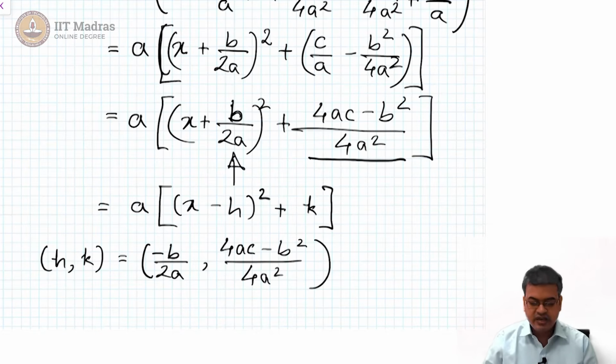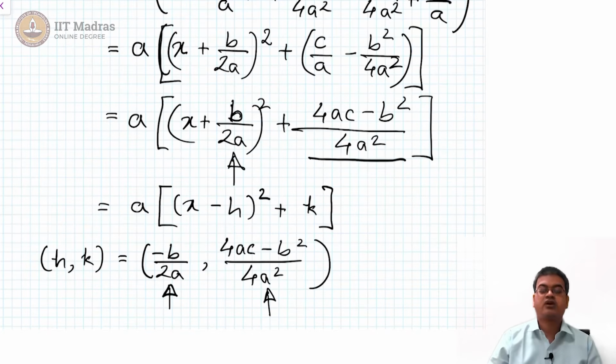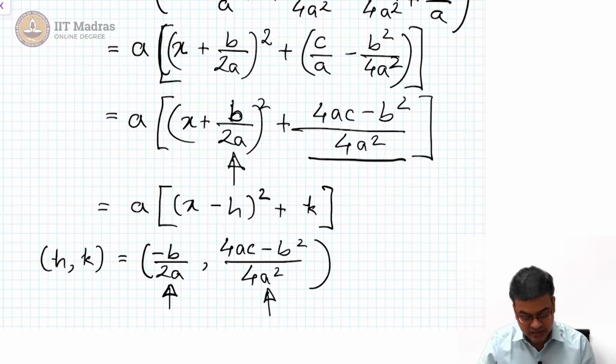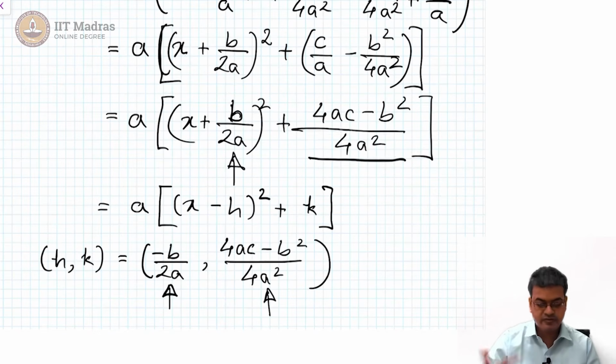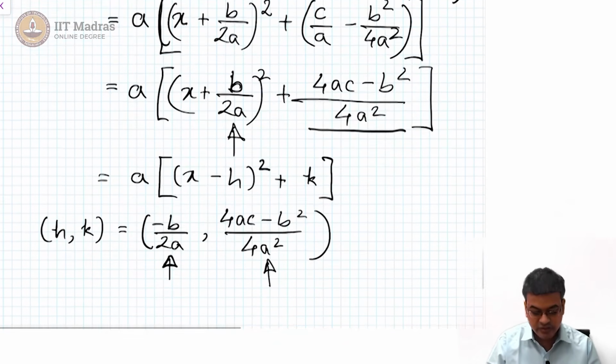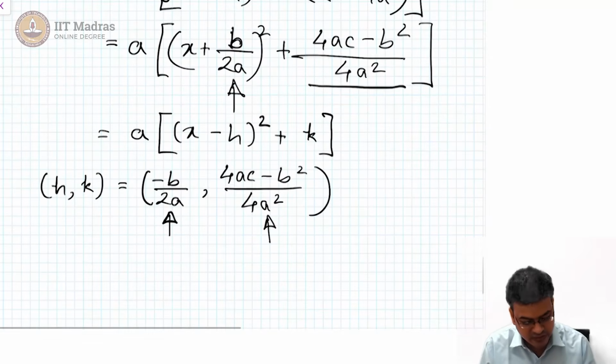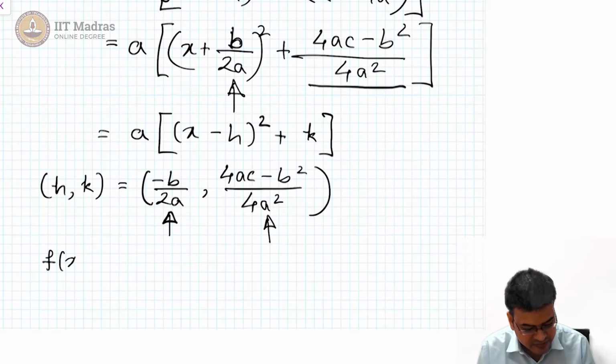Can you put this in a proper context when we were graphing the function? Yes, we are actually talking about the coordinates of the vertex. That means this will be the coordinates of the vertex for any quadratic function. Furthermore, consider a function of the form f(x) equal to x square plus 1.